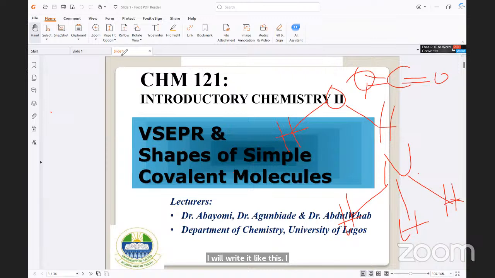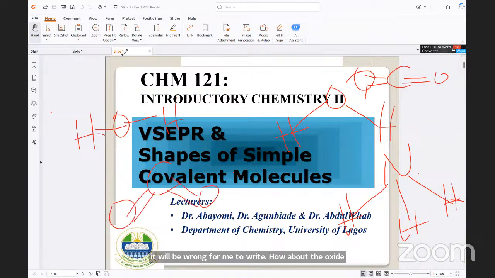It will be wrong for me to write water like this, and it will be wrong for me to write carbon dioxide like this. So these are wrong because of valence shell electron pair repulsion theory. This is wrong, this is wrong, but this is correct.